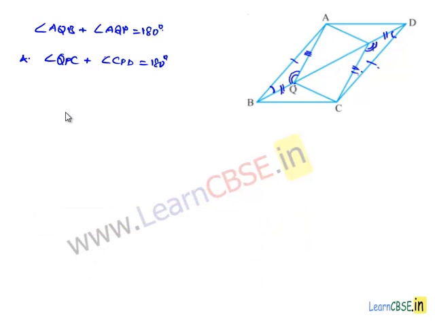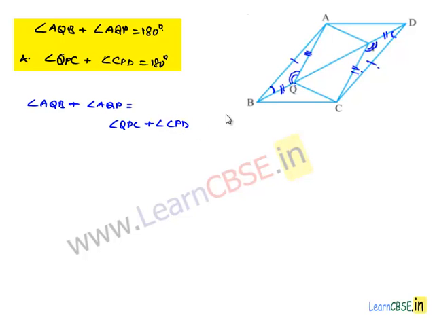As both are equal to 180 degrees, we can equate angle AQB plus angle AQP is equal to angle QPC plus angle CPD. From the above, we can say that angle AQB is equal to angle CPD, so that can be cancelled on both sides. Then we get angle AQP is equal to angle QPC.